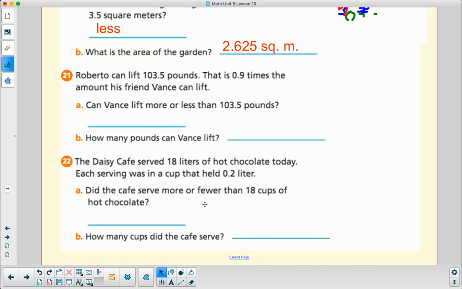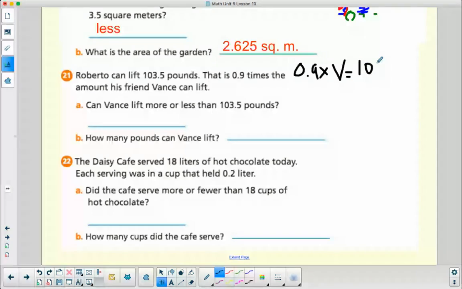So what they're saying is 9/10 times the amount of Vance equals 103 5/10.